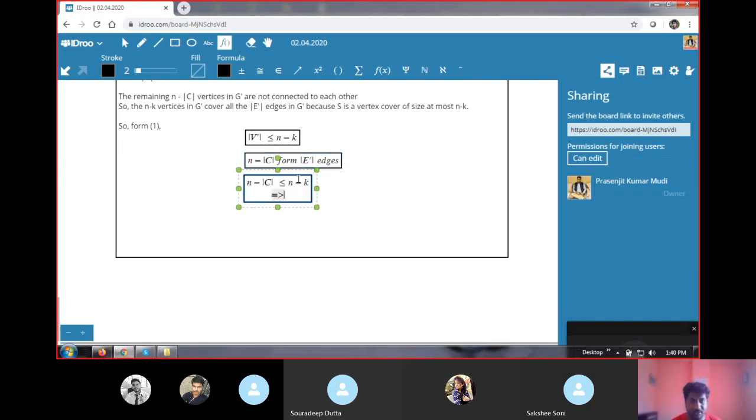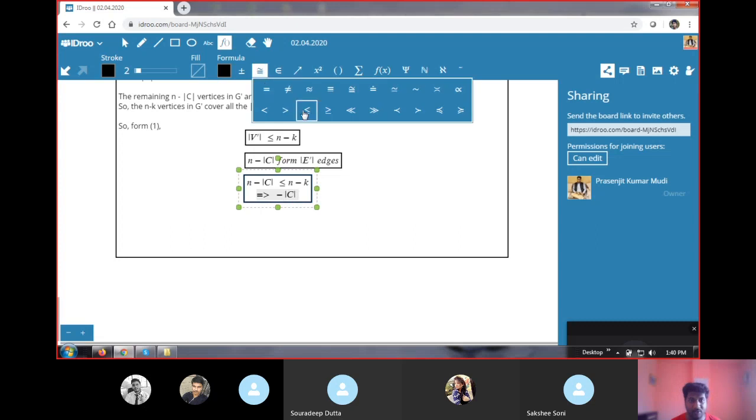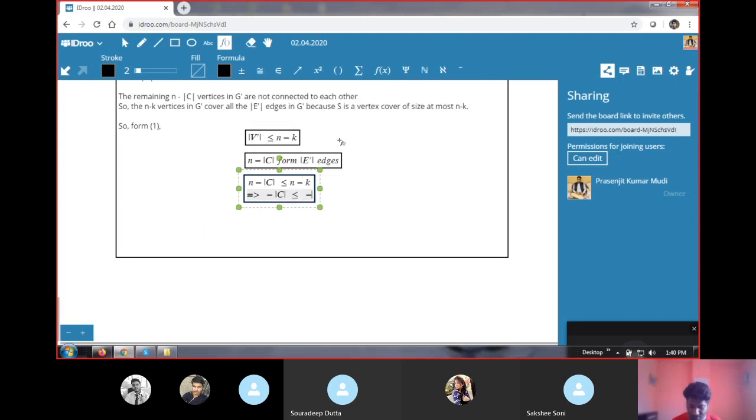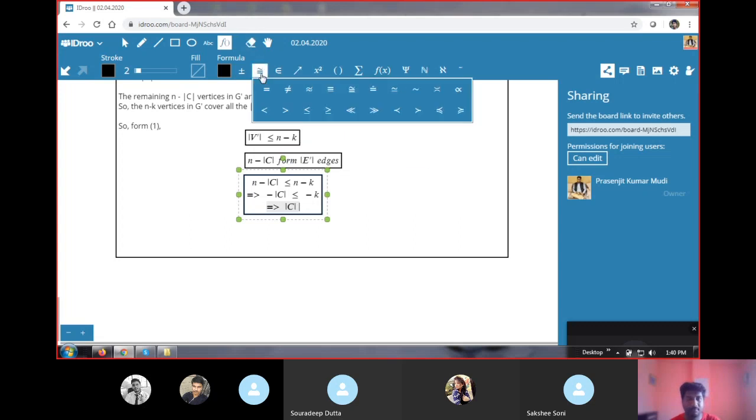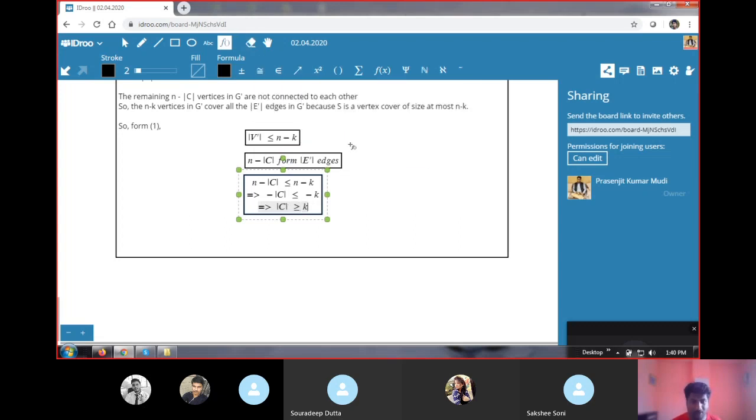In the next line we have mod C greater than or equal to k.